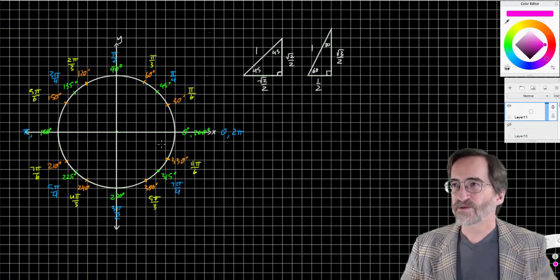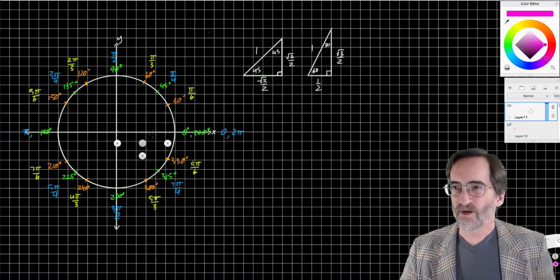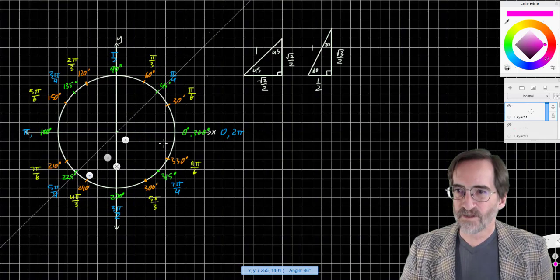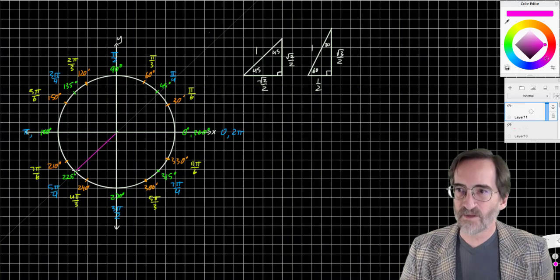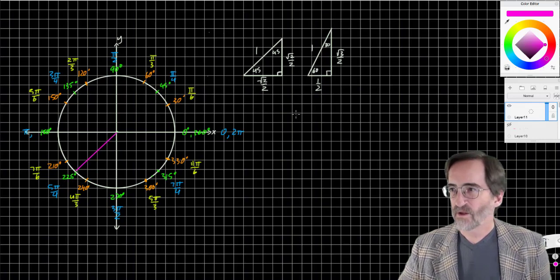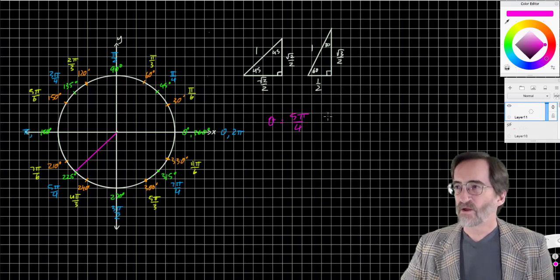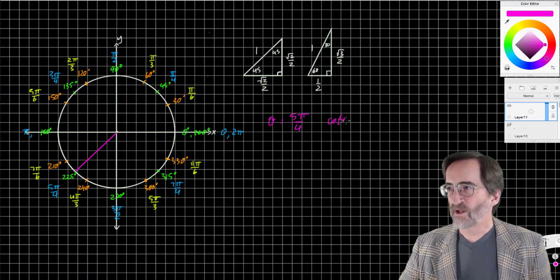Okay. So let's say I've got this angle right down here. So I've got 225 degrees, or 5 pi over 4. Okay, 5 pi over 4 theta. What are the coterminal angles to 5 pi over 4?